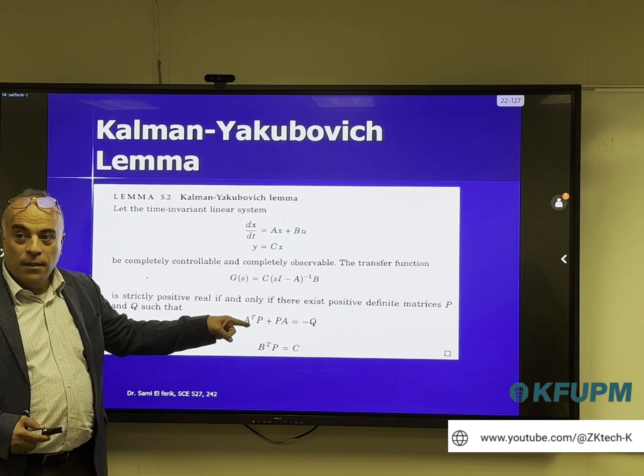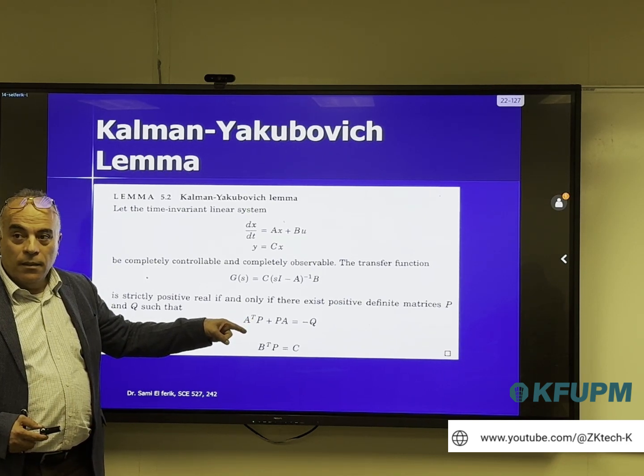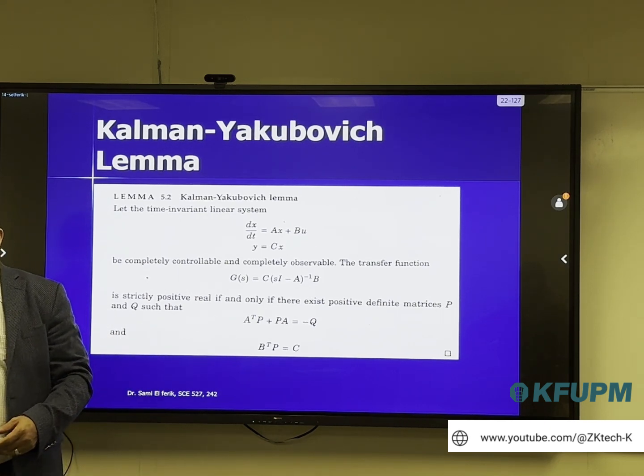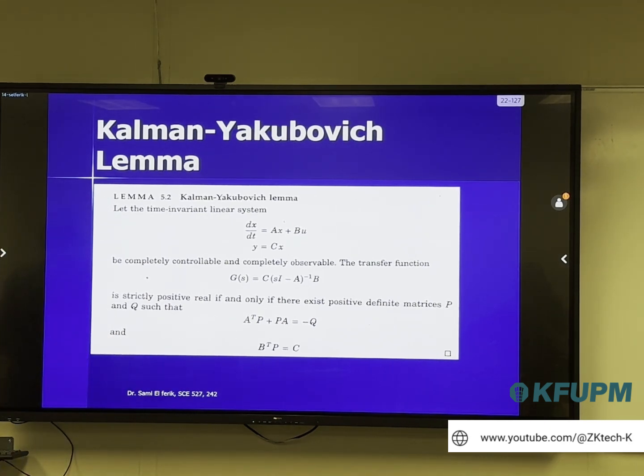If we can find P from the one below, we replace it in the one above and check if there exists a Q. You can do it backwards, to be 100% sure that the condition below is satisfied. Is there one P that will do this?